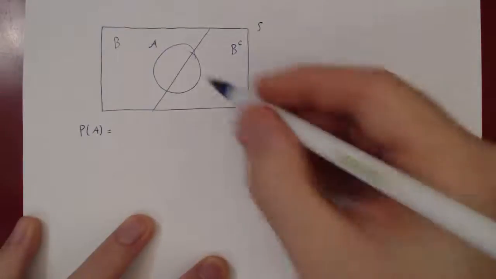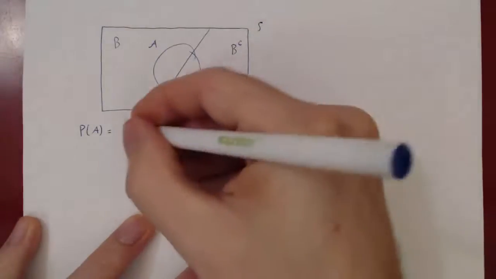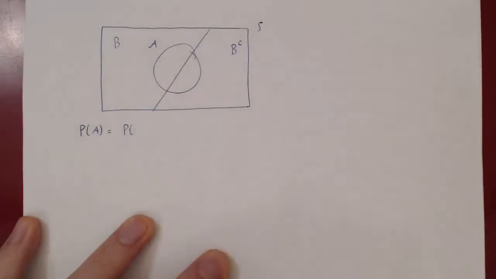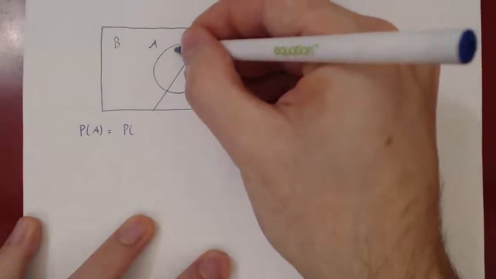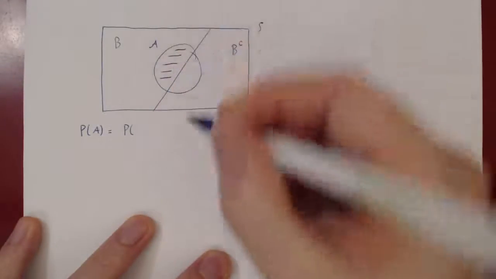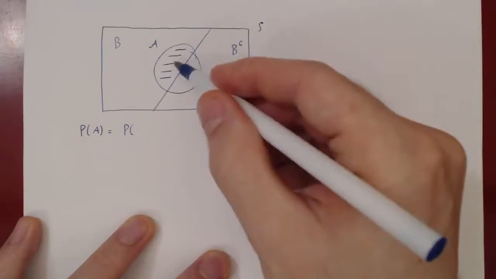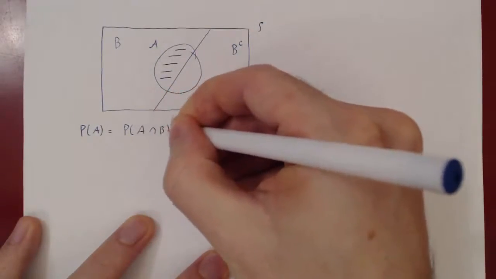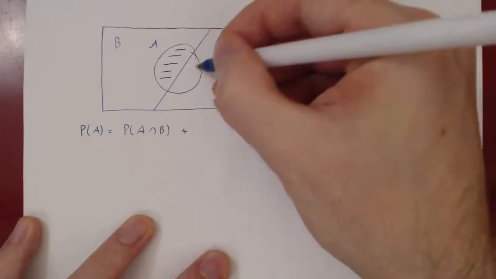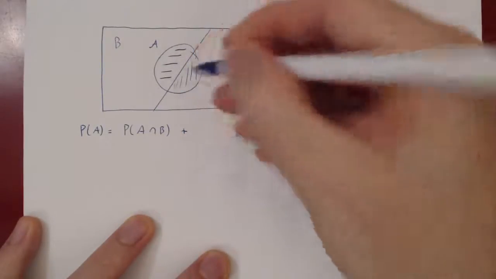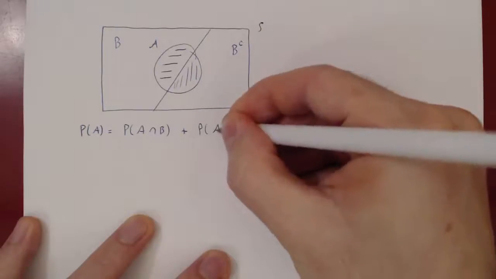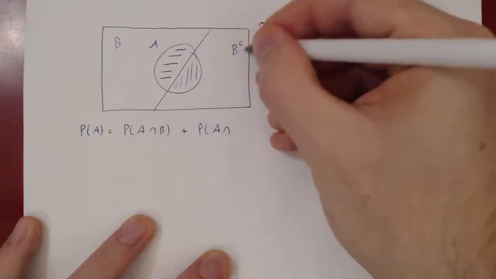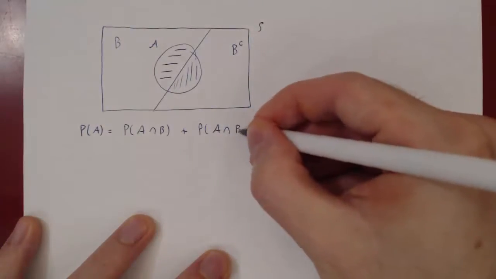Well, we want the area of A, but we can find the area of A in two different pieces. First, adding the area of the part common to A and B, so P of A intersects B, plus adding up the area of the second part, what's common with B complement, so P of A intersects B complement.